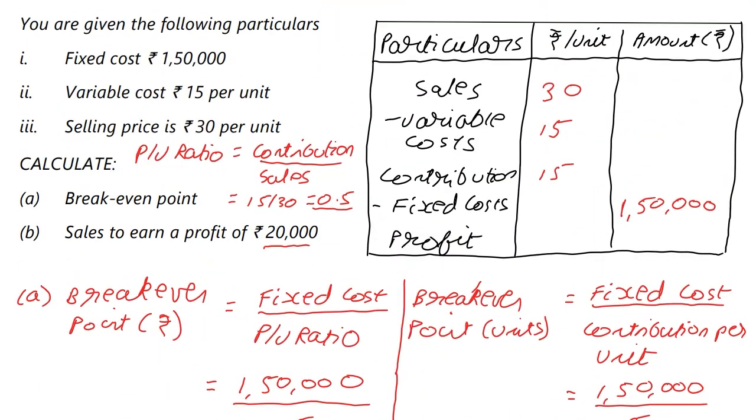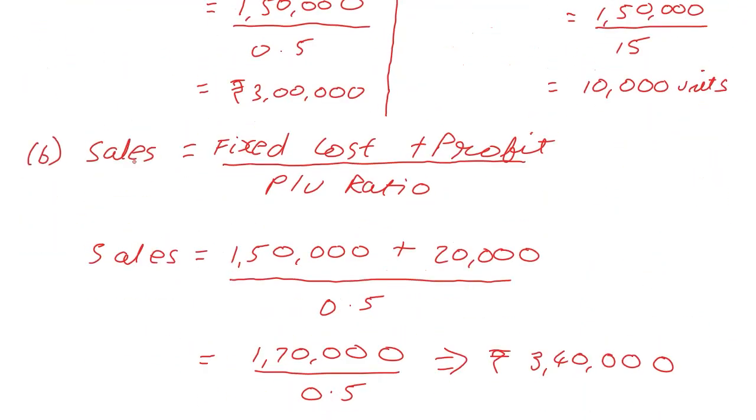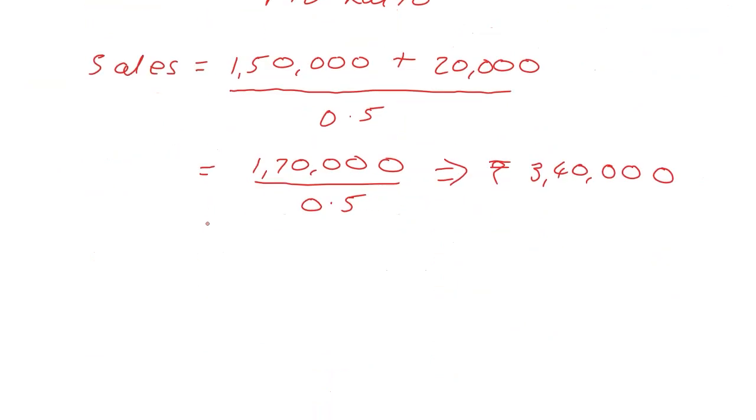They've specifically said sales, which means we assume it is in rupees. But let's say you want to find units sold. You have an alternative formula, very similar to what we have for break-even point in terms of rupees and in terms of units.